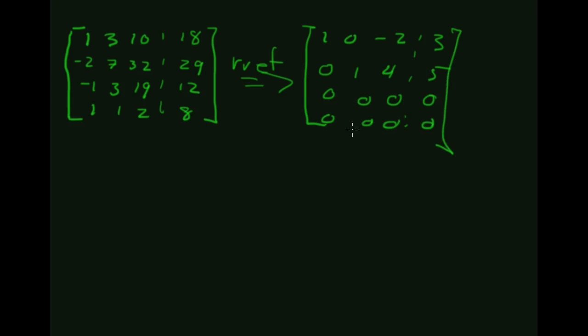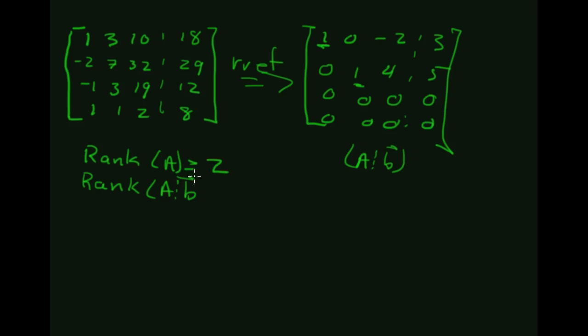Okay, so this is A augment B, right? So I know in this case that the rank of A, given the two pivot columns, is going to be 2. The rank of A augment B is also 2.